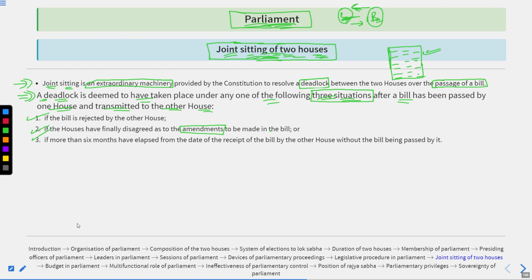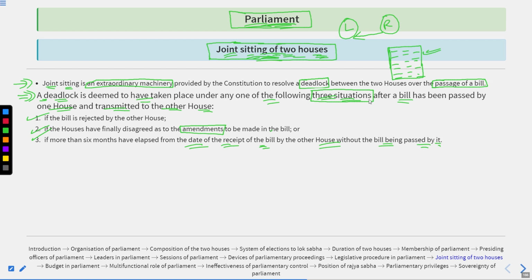Third condition: if more than 6 months have elapsed from the date of receipt of the bill by the other house without the bill being passed. For example, this is Lok Sabha, this is Rajya Sabha. The bill presented in the Rajya Sabha and passed by the Rajya Sabha was sent to the Lok Sabha on 1st January.